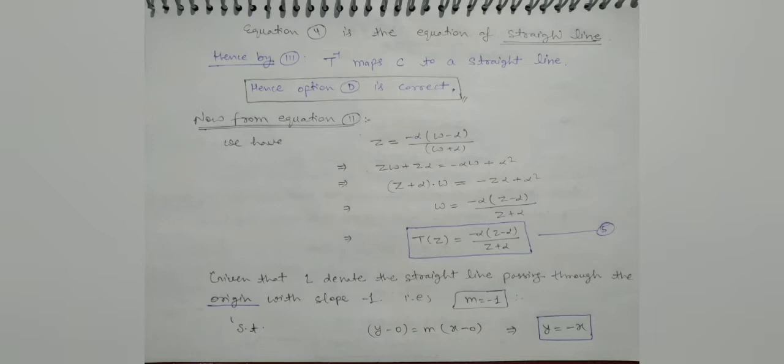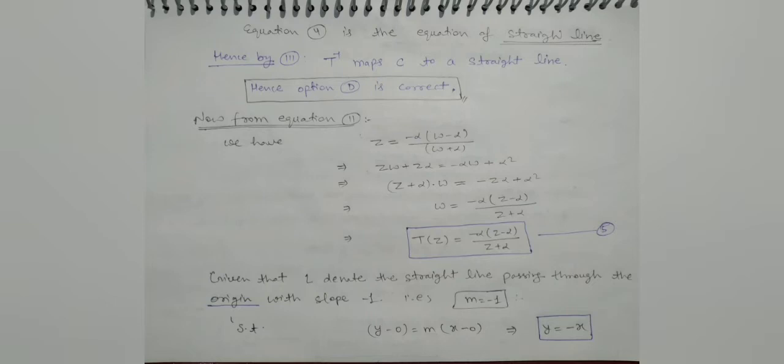Now from equation second, we have Z is equal to minus alpha into (W minus alpha) upon (W plus alpha). Solve this and we get T of Z is equal to minus alpha into (Z minus alpha) upon (Z plus alpha).